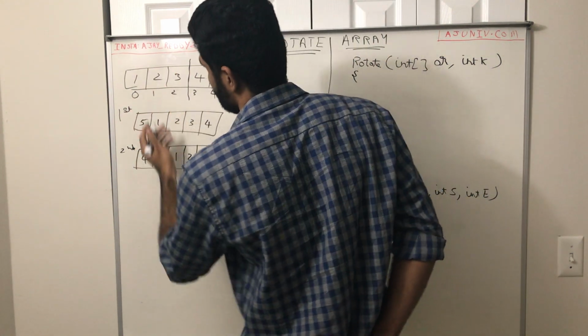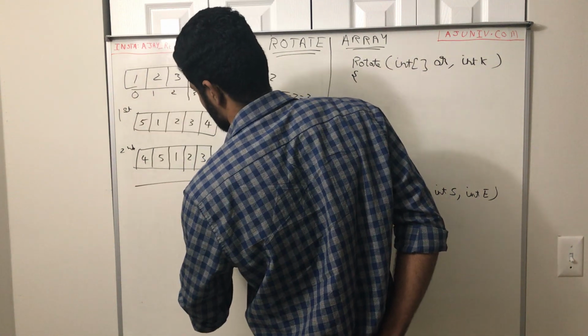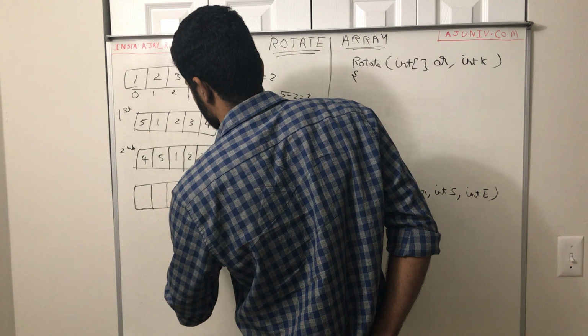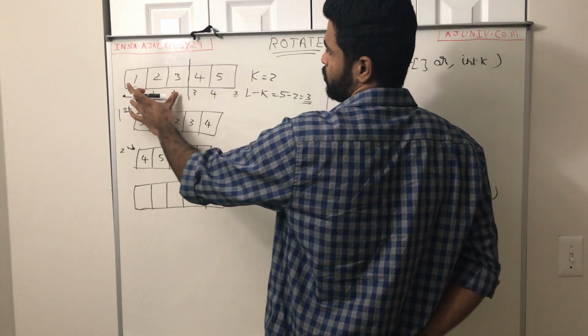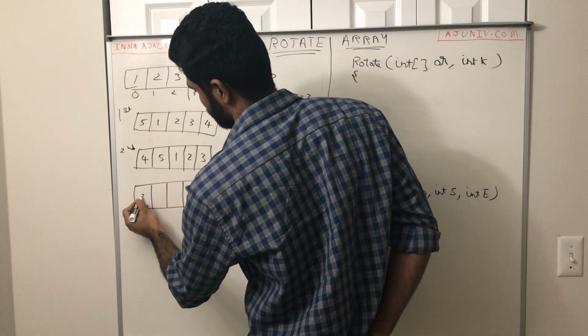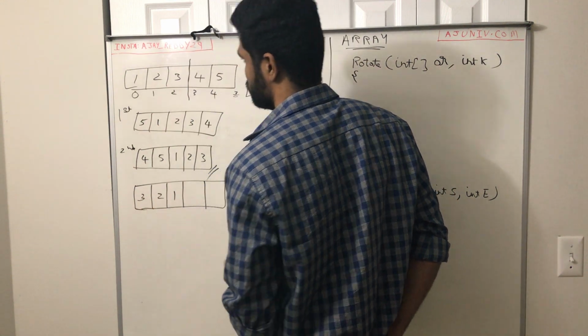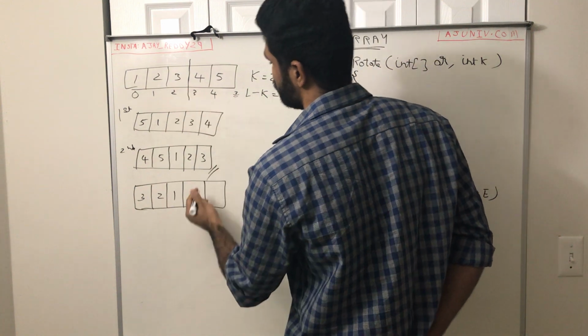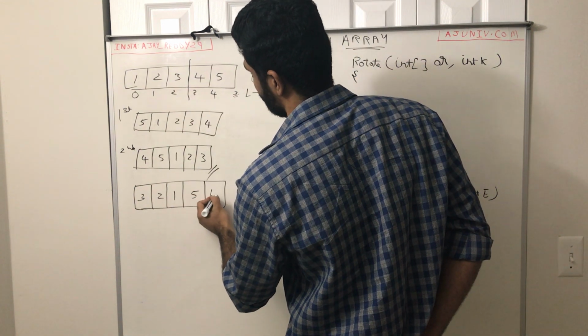So let me show you. First you reverse the left subarray, which is from 0 to 2. That would be 3, 2 and 1. Then you reverse the right subarray, which is from 3 to 4. That would look like 5 and 4.